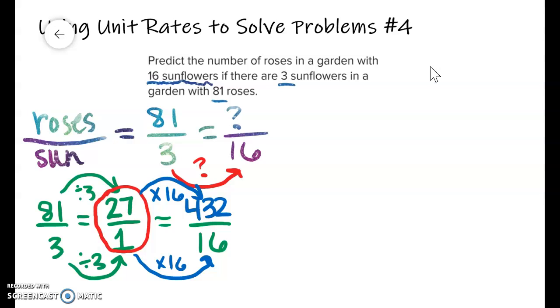That means that if I have 81 roses and 3 sunflowers, that if I have 16 sunflowers, I'm going to need 432 roses. So keeping all those numbers aligned is definitely an important tactic to be able to solve these questions. So read slowly and keep it organized.